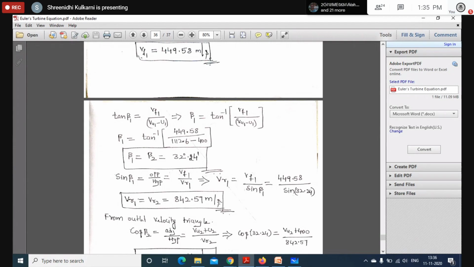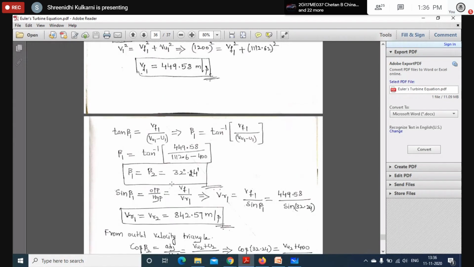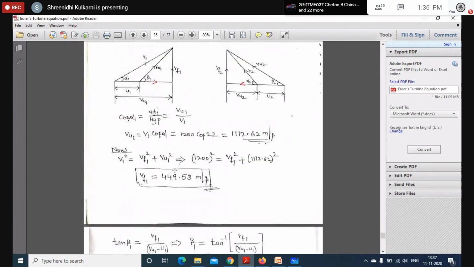So find out what is relative velocity. See, from the inlet velocity triangle, sine beta is opposite by hypotenuse.